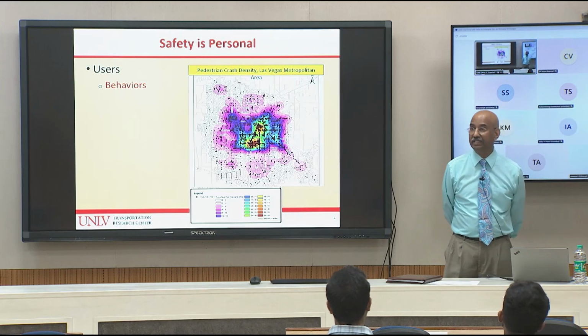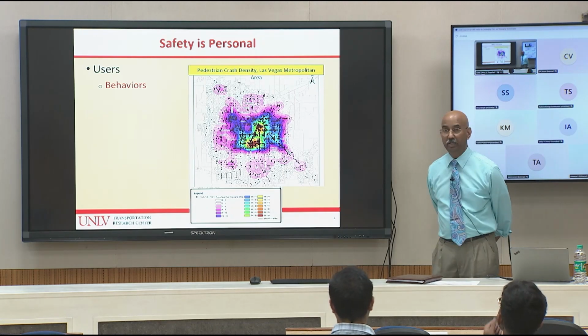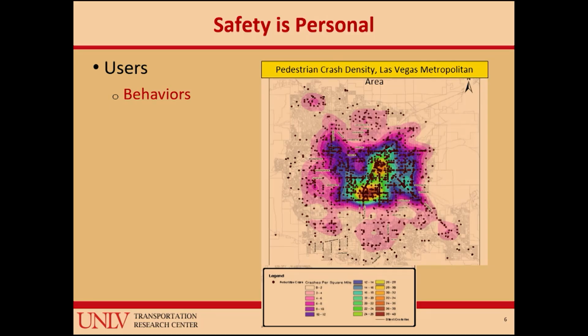So safety, make safety personal. What we are trying to do is modify behaviors. This is a fairly busy chart, but you get the sense of it. These are pedestrian crashes in the Las Vegas metropolitan area.